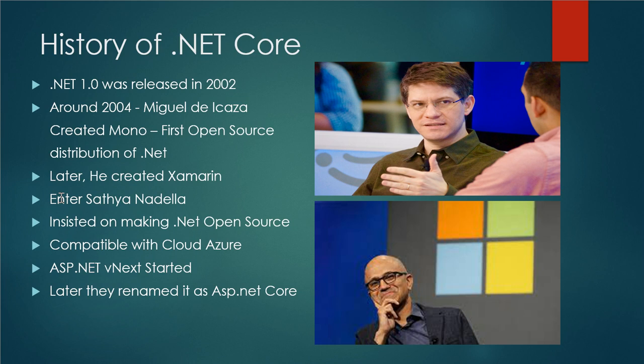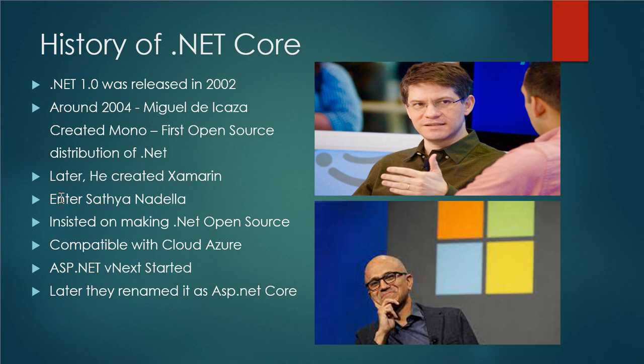Apart from that, the ASP.NET team had already started working on a version called ASP.NET vNext. They wanted to make ASP.NET cross platform, so that was the goal of vNext. Then they renamed it ASP.NET Core, and decided to move the entire .NET Core to cross platform and open source.